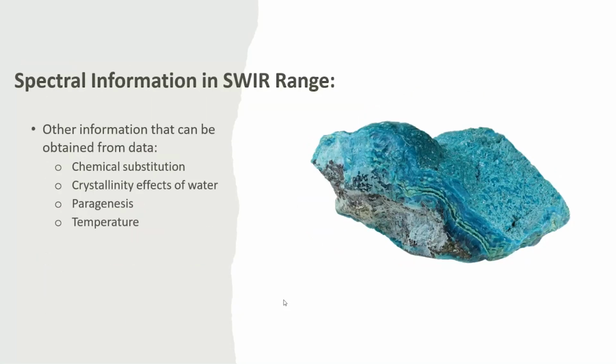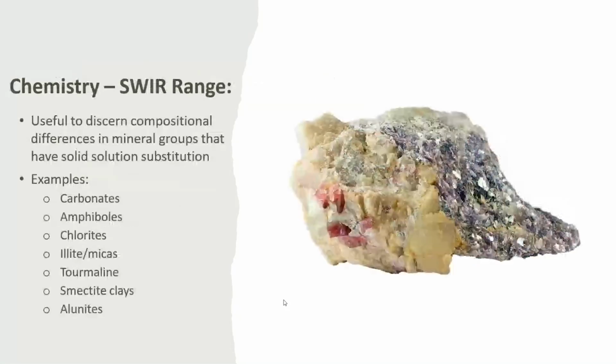Other important information that can be obtained in the SWIR range is chemical substitution, crystallinity effects of water, paragenesis, and temperature. The ability to discern these compositional differences in mineral groups that have solid solution substitution is extremely useful.